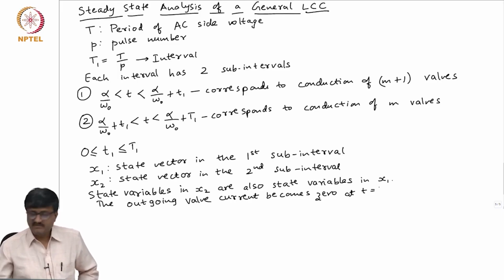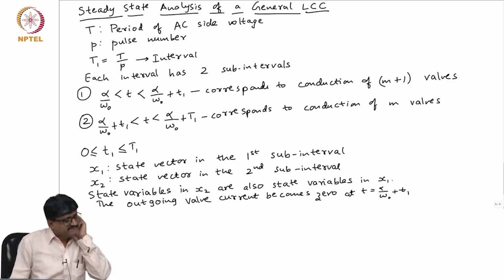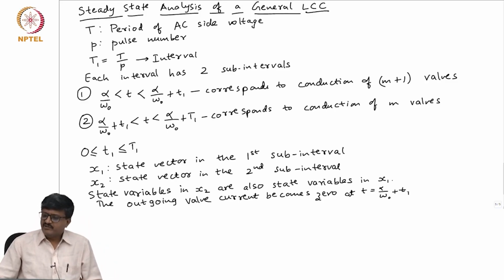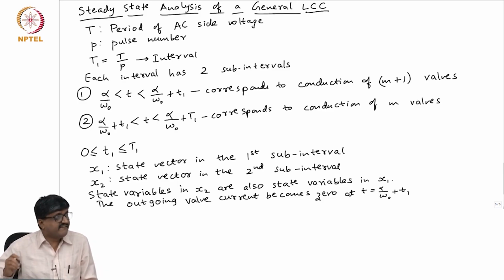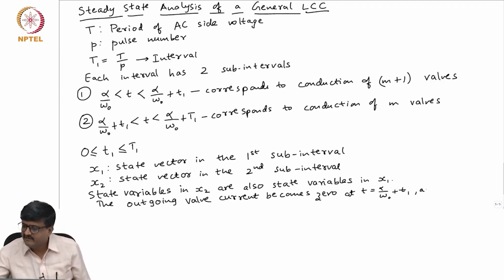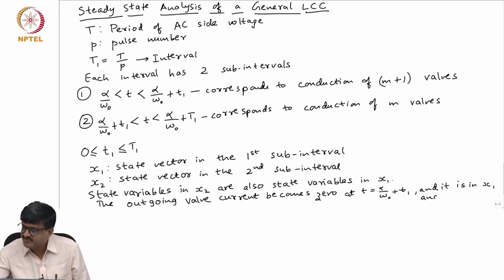At alpha by omega naught plus T1. Okay. So, the outgoing valve current becomes 0 at this instant alpha by omega naught plus T1, and it is a state variable of x1, but not a state variable of x2. The outgoing valve current is in x1 and not in x2.